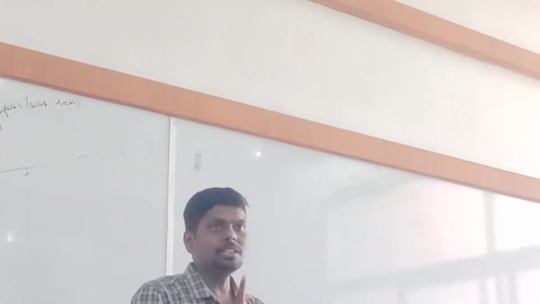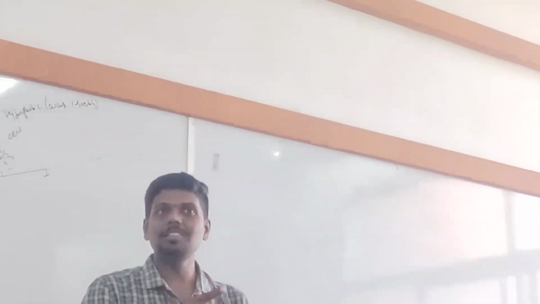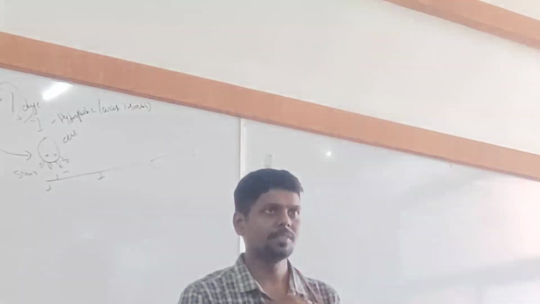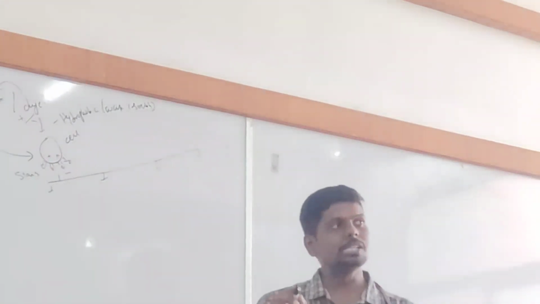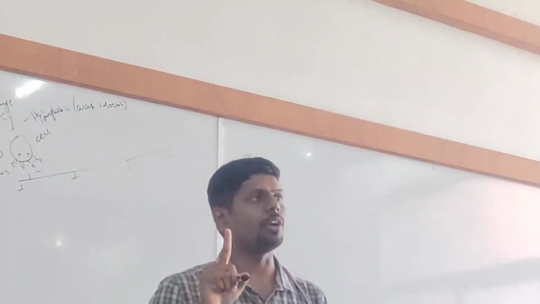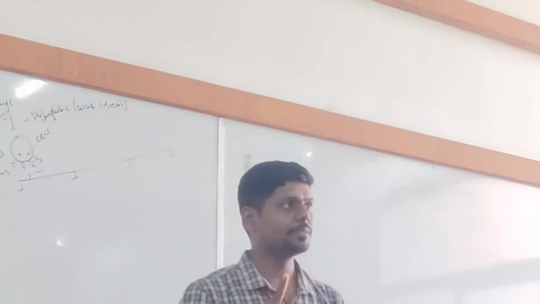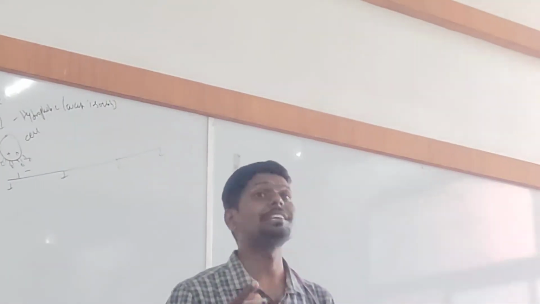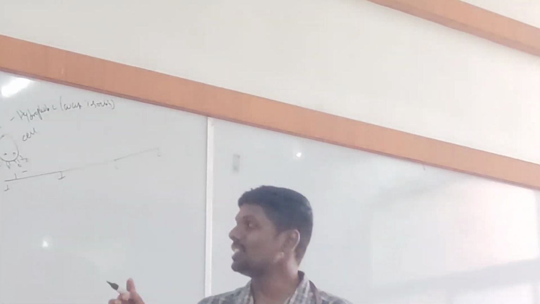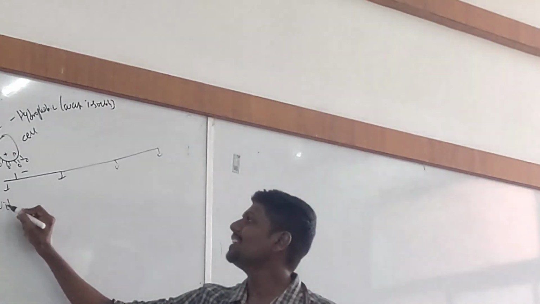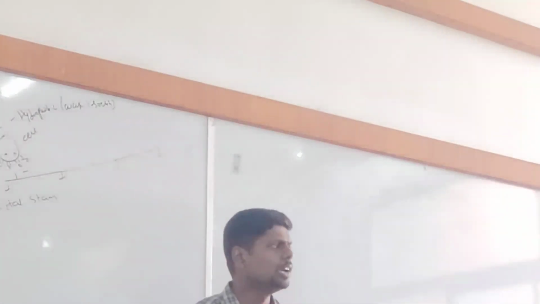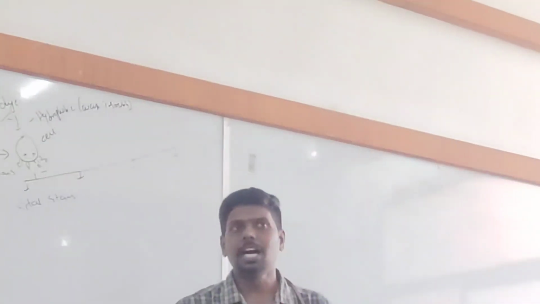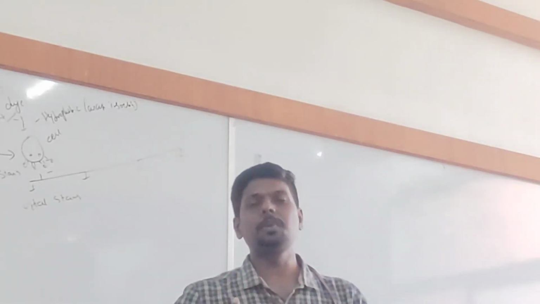So I need a stain that will be able to sustain the life of the cells. Such stains are called, do you know what is the other word for life? Living, vital signs. So these stains are called vital stains. One example: I want to study cancer in a tumor.